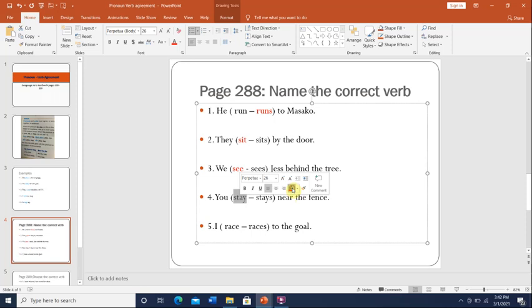So when the sentence begins with he or she or it, we choose the verb with s. If the sentence begins with I or you or we or they, we choose the verb without the s. Number 5, I race or races to the goal. I race, no s.